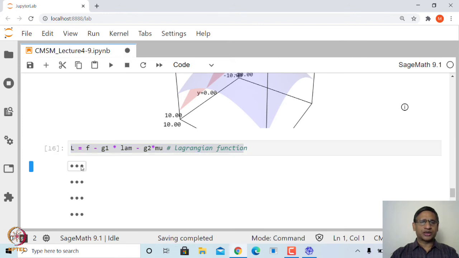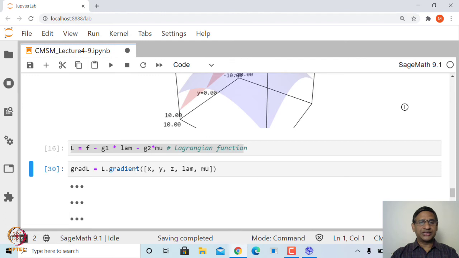Now, we will find the gradient of L with respect to x, y, z, lambda and mu. I am calling this grad L, L dot gradient at x, y, z, comma lambda, comma mu.